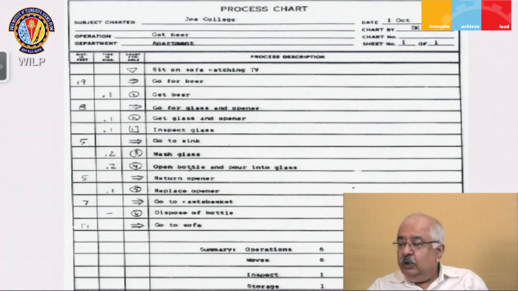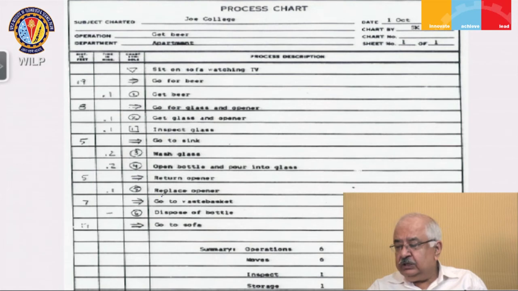So he opens the bottle and pours the beer into the glass, which is again an operation which takes him this amount of time. Then he goes back to return the opener to its location, so it's a travel or a transportation. Then he puts the opener back to where it was, which is an operation. Then he goes to the waste basket and disposes of the bottle, so this is a transportation and an operation.